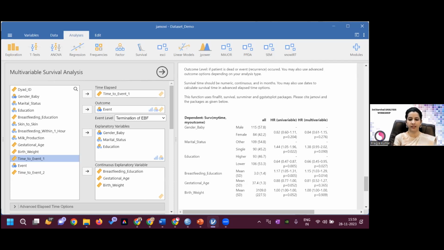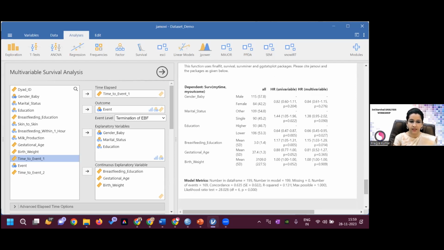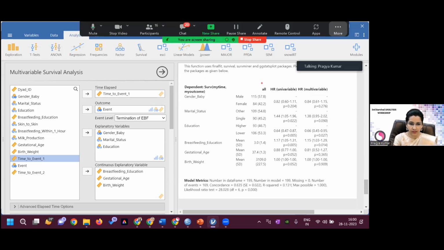So this is the output. Once you enter all these variables, you can see the HR, multivariable and univariable. Let me focus on this table. In this part of the table, it gives you both adjusted and unadjusted. Right now we'll focus on this.